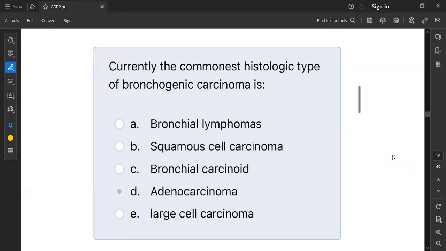D, so it is adenocarcinoma. I think we said squamous is the second most common, or at least someone should confirm that. But the commonest as of now is the adenocarcinoma. That's straightforward. Move to the next.